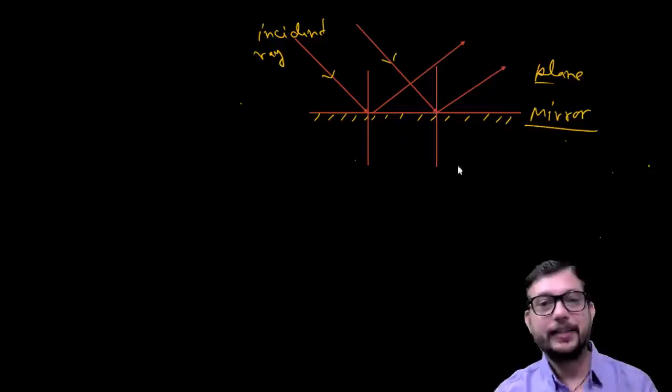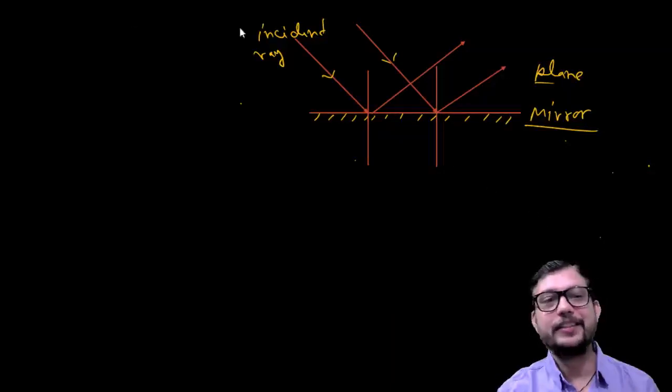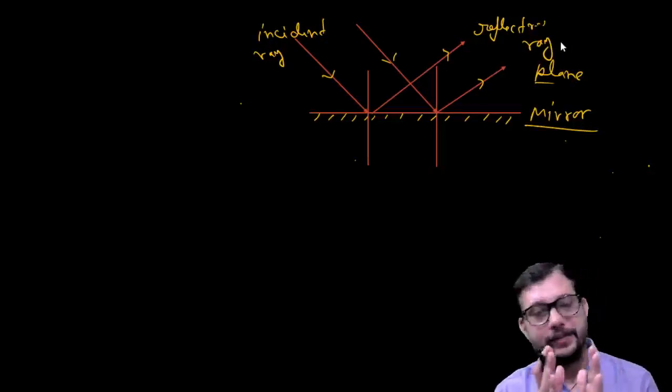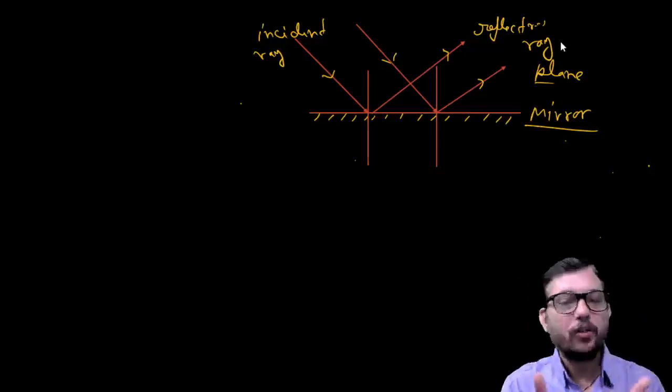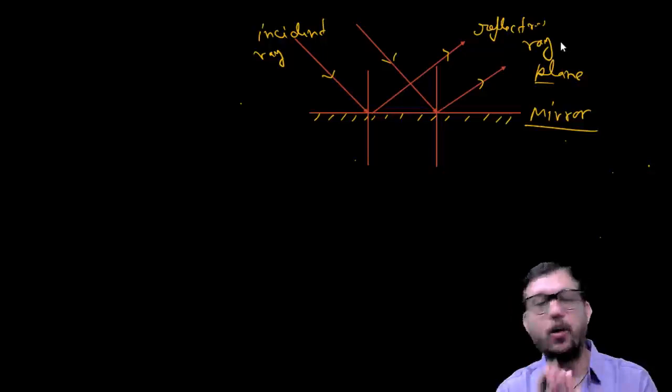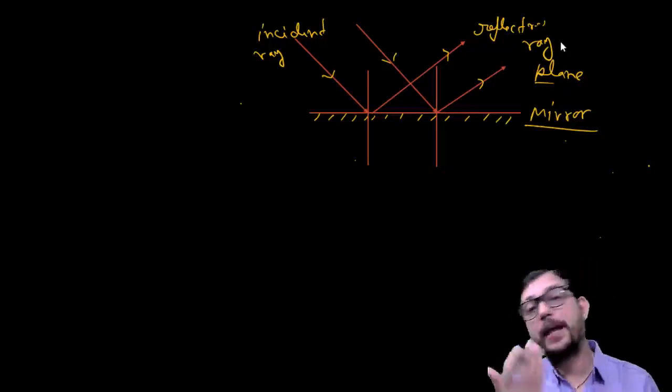I hope that up to here each and everything is clear to all of you. These two rays are your reflected rays. So we have the incident ray, we have a mirror or polished surface, and we have the reflected ray, or the rays which are bouncing back in the same medium.